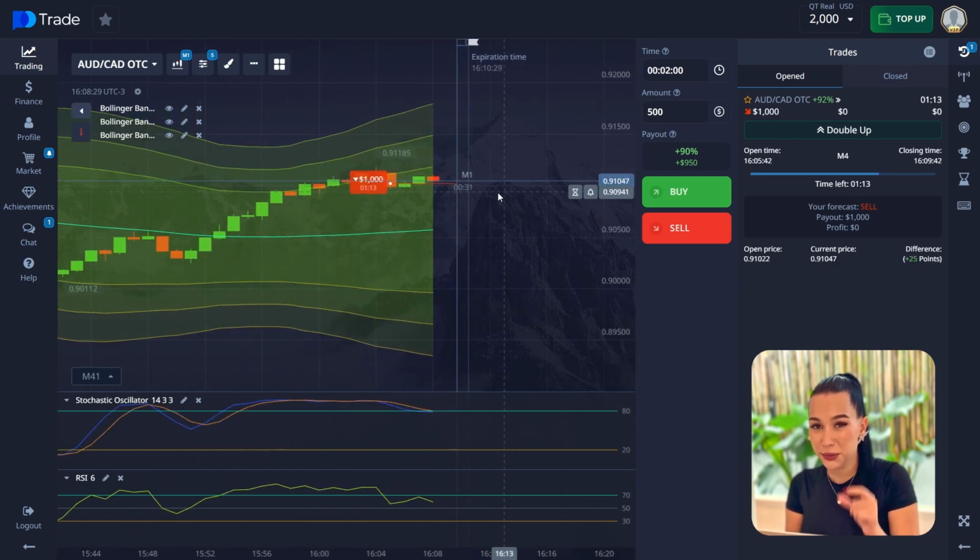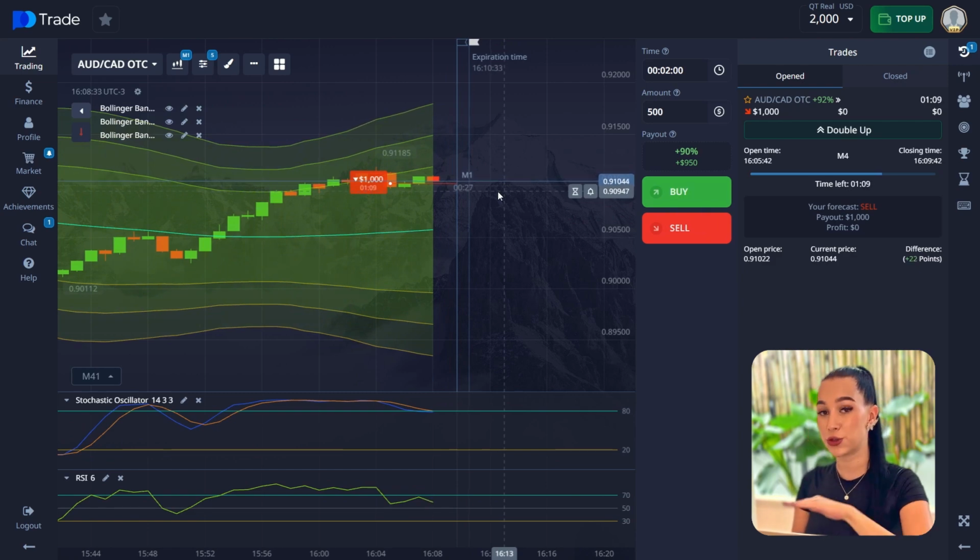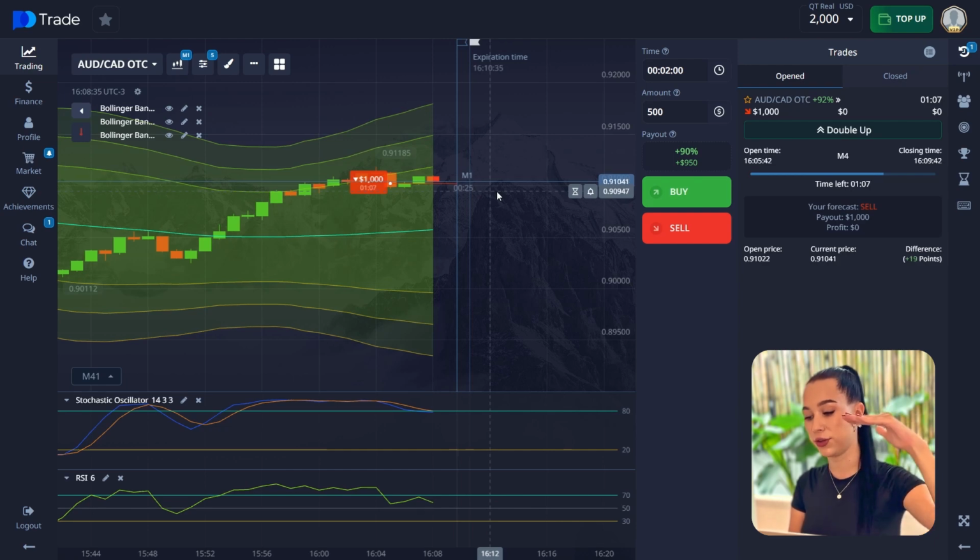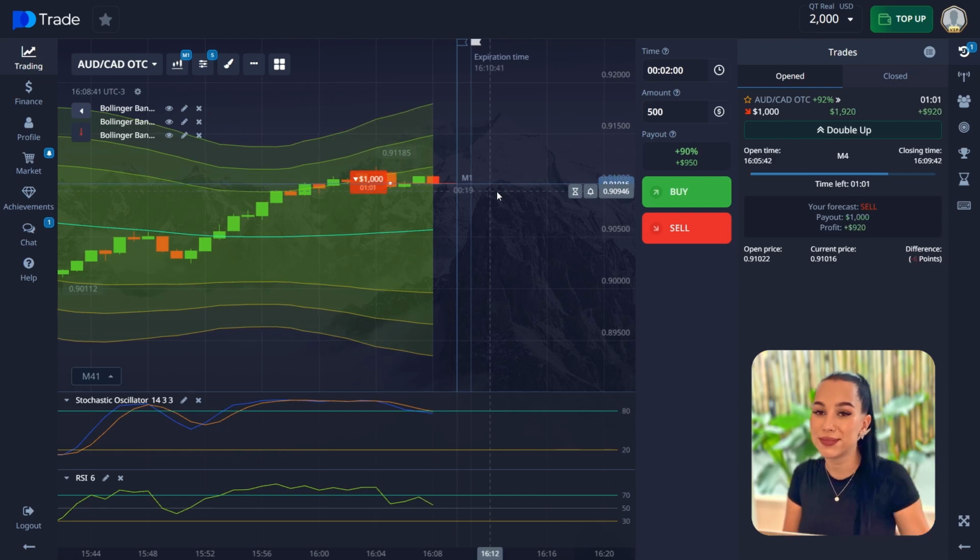But for example, you will just not have a little bit of time, and the difference between your entry point and the closing price is gonna be just 2 points, for example, and that's it. You didn't close the trade even though the chart went higher, but not higher than your entry point, so that's why you didn't close it. So everything is really different with every situation.